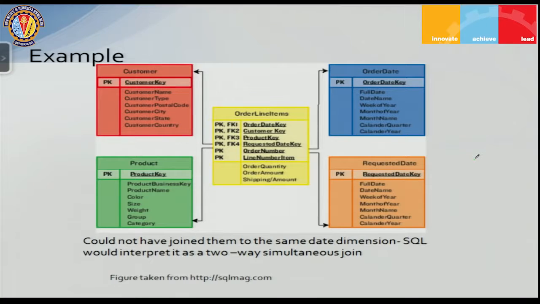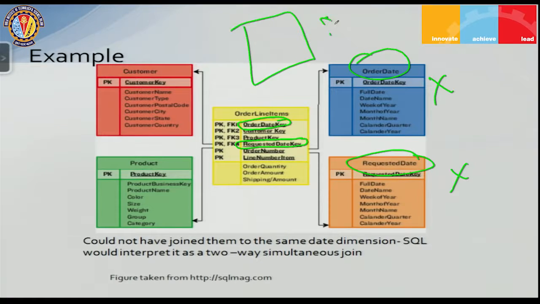There is an order date key here and a requested date key here. We could not have joined them to the same date dimension. Suppose these two are not there and there is a single date dimension here.